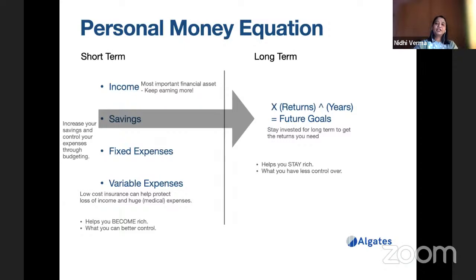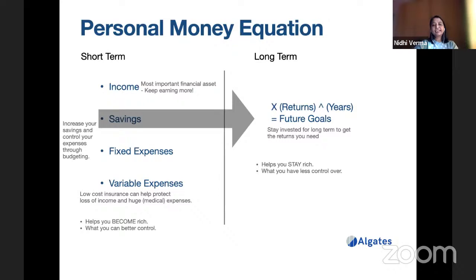Then whatever you earn in the short term, of course some part of it goes into savings, and the rest goes into fixed expenses and variable expenses. The savings portion is what goes into the long term, what you transfer and start investing, and this goes into your long-term savings and investments.